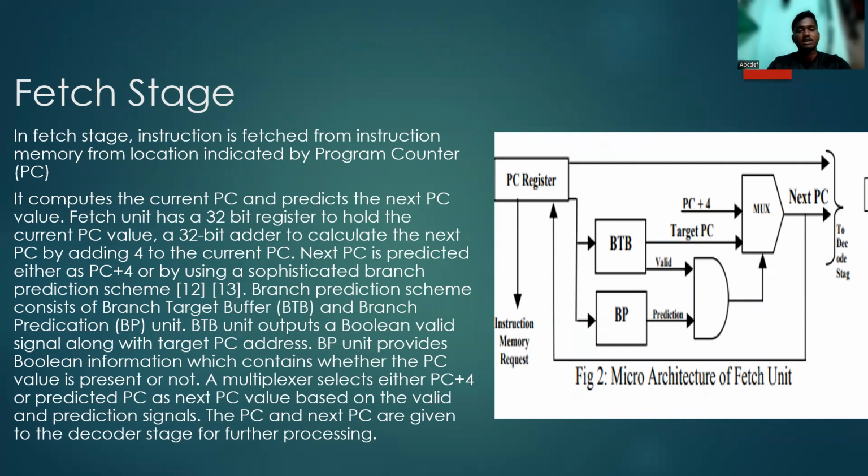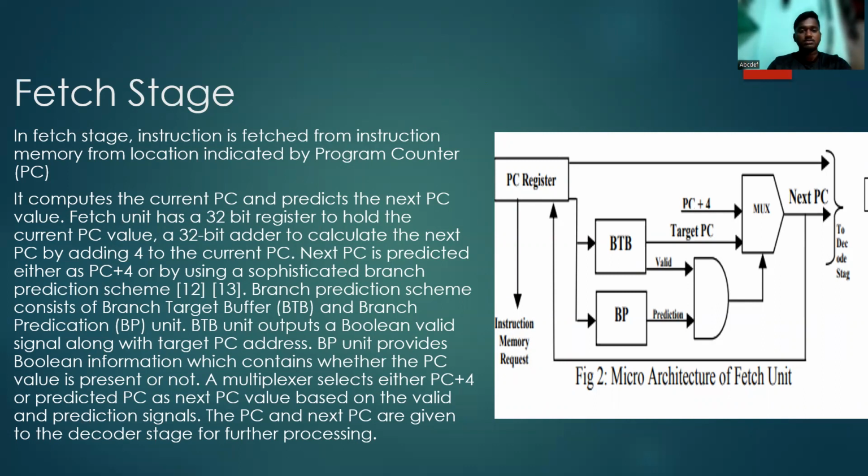Fetch unit has a 32-bit register to hold the current PC value, and a 32-bit adder to calculate the next PC by adding 4 to the current PC. Next PC is predicted either as PC plus 4 or by using a sophisticated branch prediction scheme.